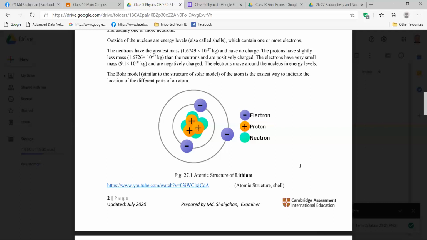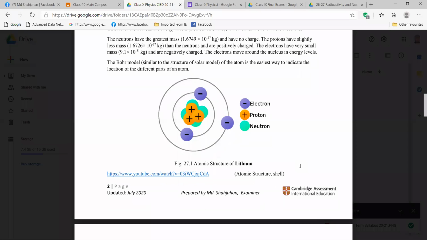Neutral atom. So when you get questions, if the neutral atom is mentioned, from that information you can understand that the number of electrons is the same as the number of protons. Or they will give you the number of electrons, and you can understand the number of protons from there.